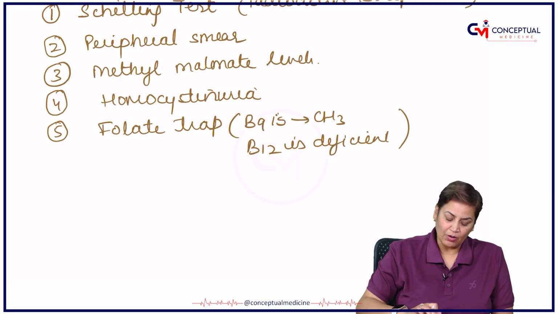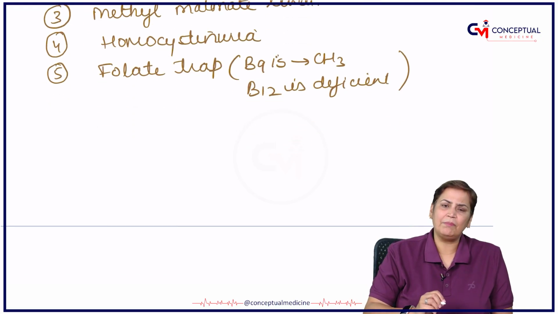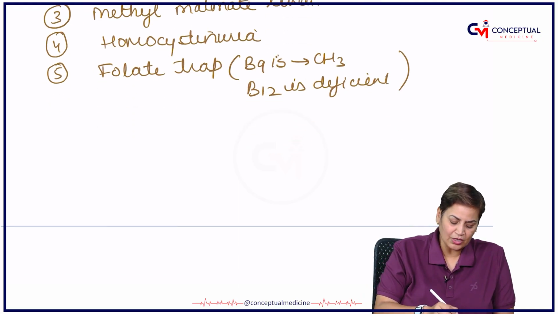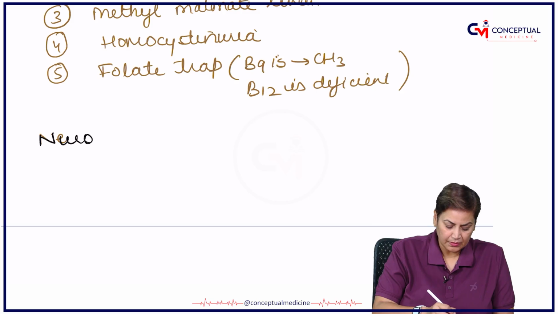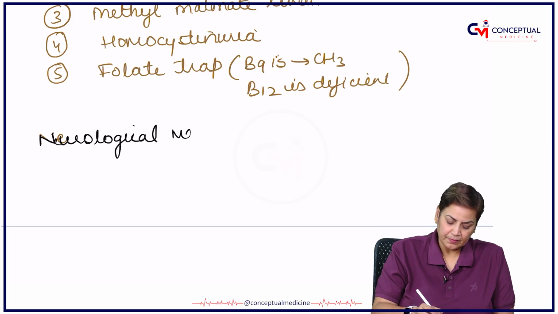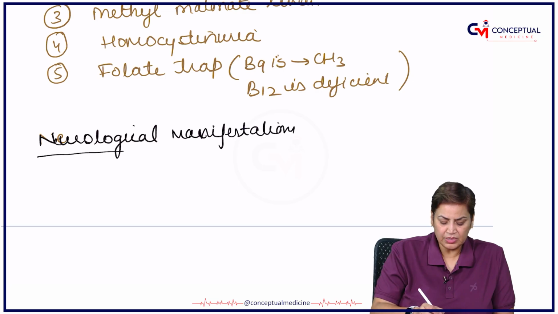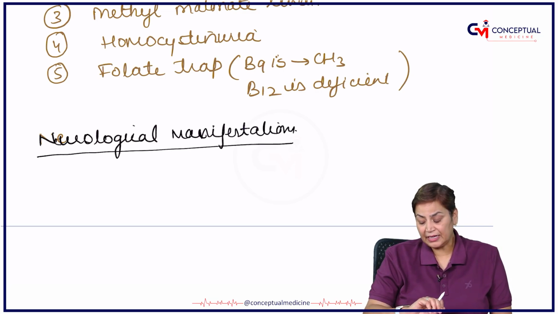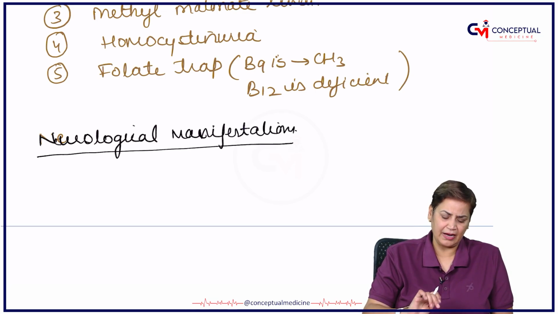And if we talk about the features here, so the main features here, the neurological manifestations, would be the most important one. There will be tingling sensation, very important factor.